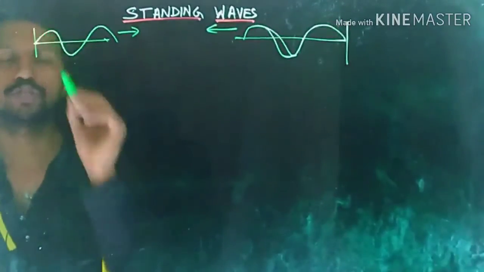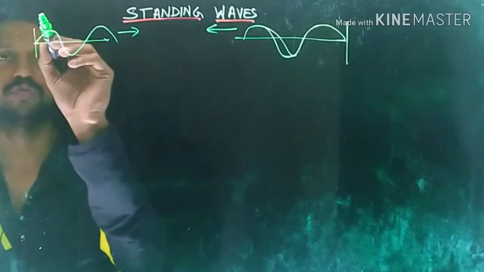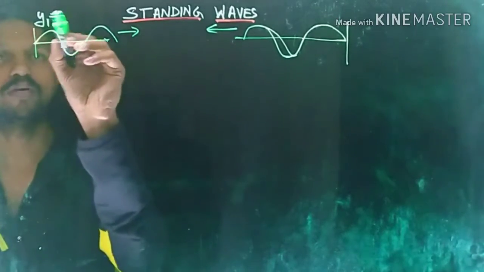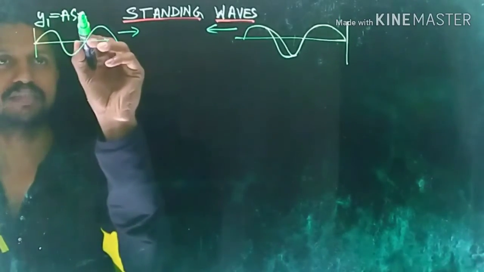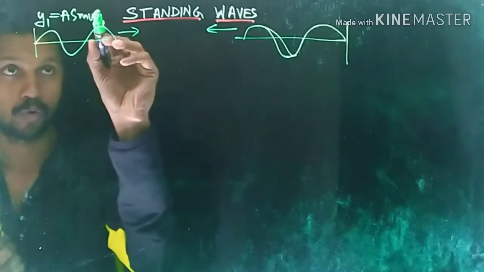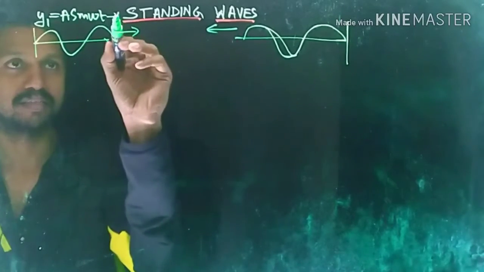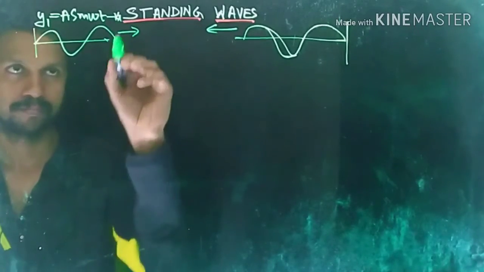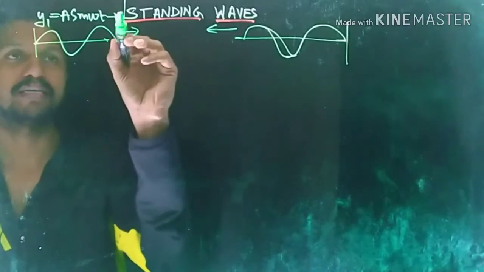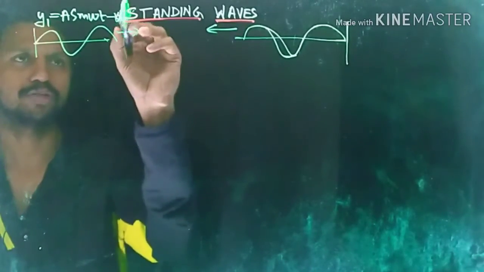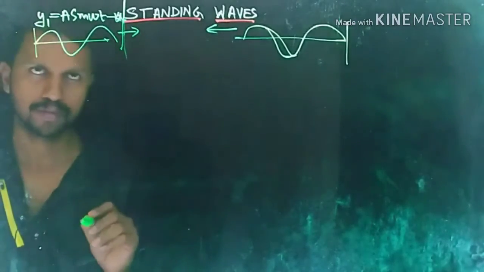Let the mathematical equation of the first wave be y1 is equal to a sine (omega t minus kx). This is the mathematical equation for the first wave.